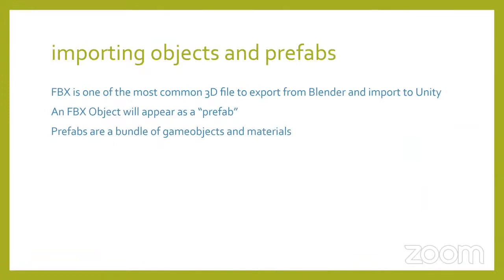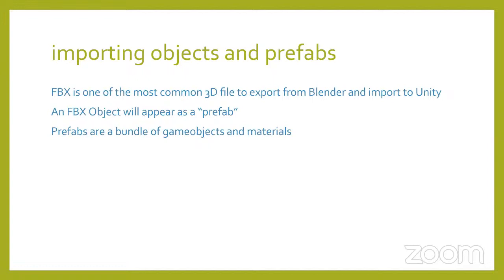So when you start a Unity project, you would want to import objects and prefabs. It's because Unity isn't very good at making objects from scratch. There is a plugin you can get from Unity called ProBuilder to make very basic objects, but they are not ideal for making complex shapes for video games.